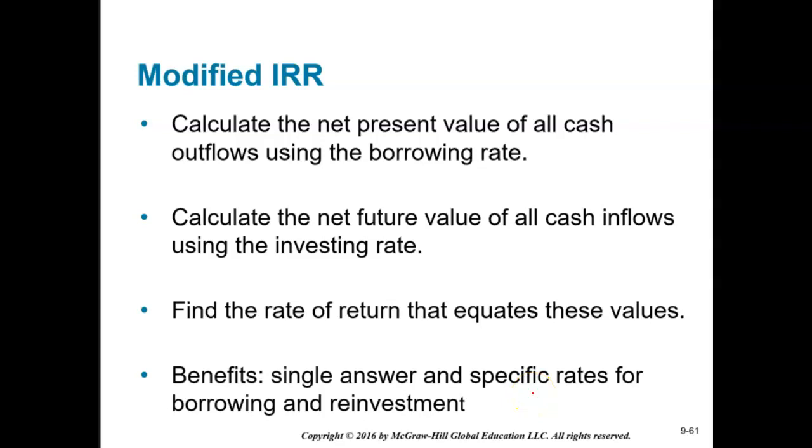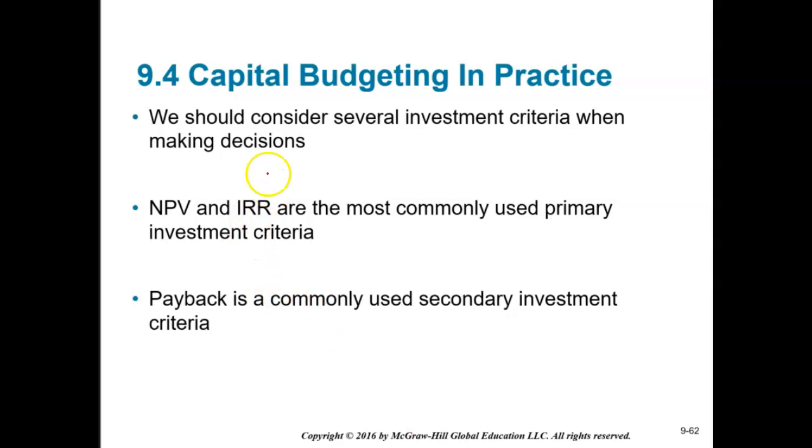Let's talk about what is acceptable in practice. What do practitioners still believe? We should consider several investment criteria when making decisions. NPV and IRR are the most commonly used primary investment criteria by practitioners.